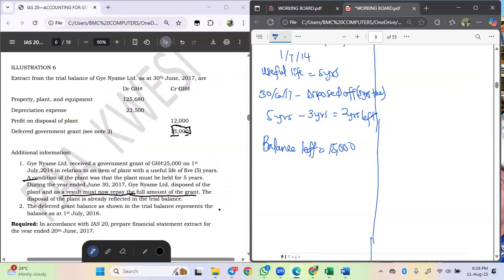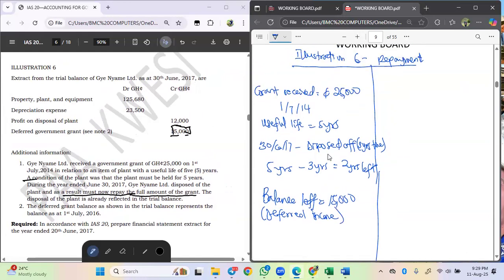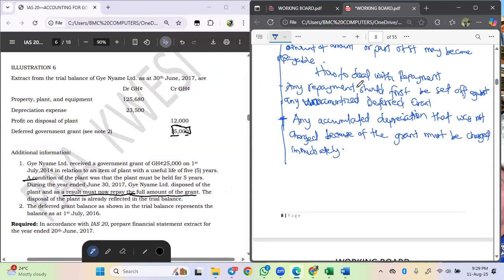So that is your deferred income. In other words, this is the deferred income you have in the liabilities, the statement of financial position. So the rule is saying that any repayment should first be set off against any unamortized deferred grant.